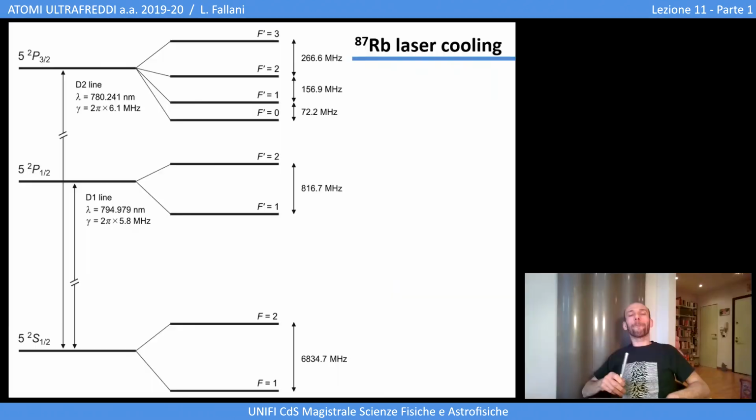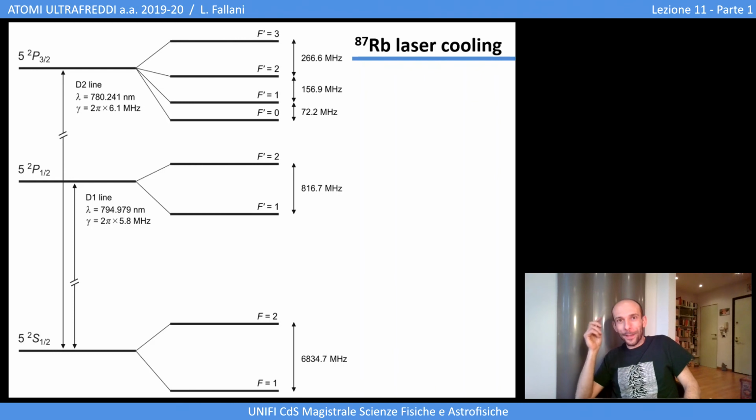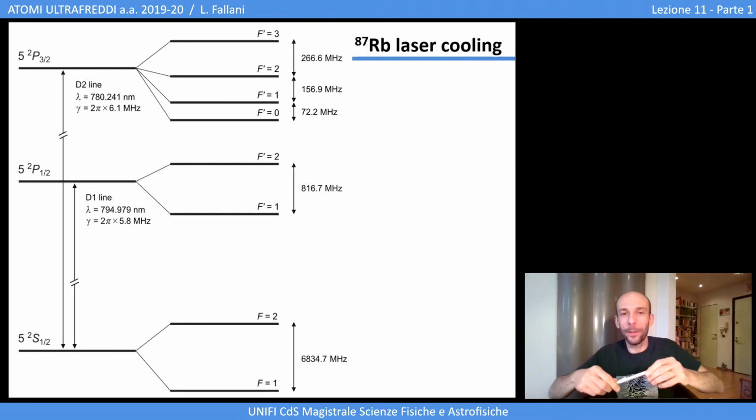So let's discuss that, and let me take the spectrum and the energy levels of a real atom. I will not consider sodium in this example, I will consider rubidium. So this is the level structure of an alkali atom such as rubidium-87, that we already reviewed in the first lecture, and so you have the D1 and D2 lines.